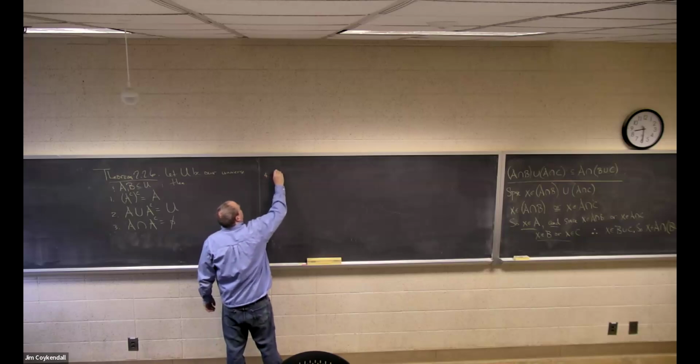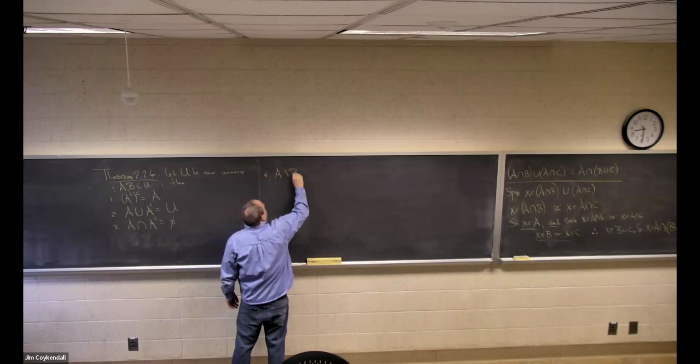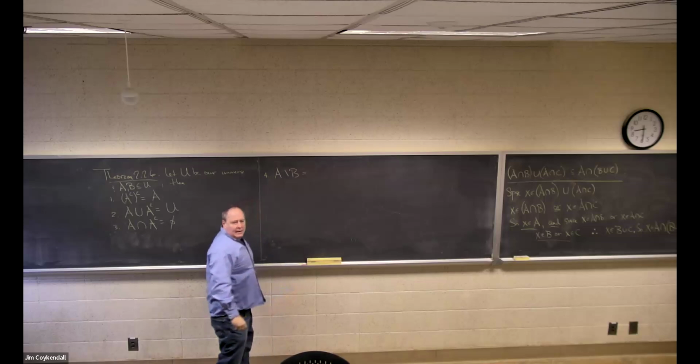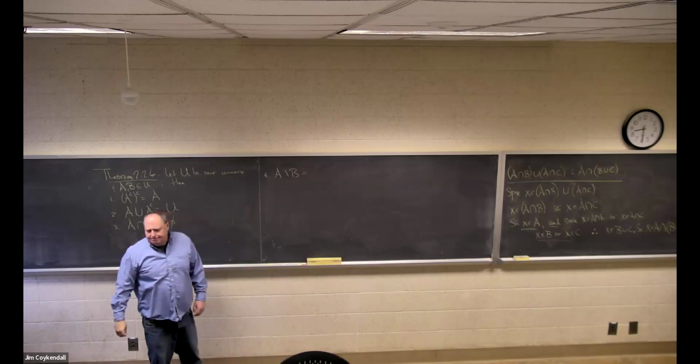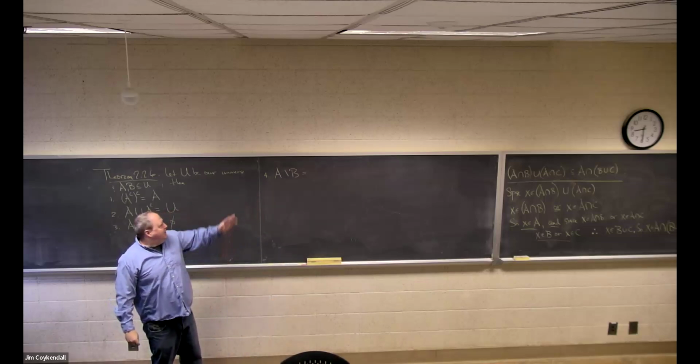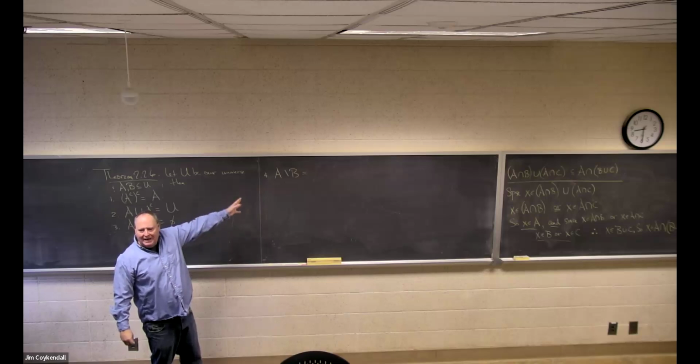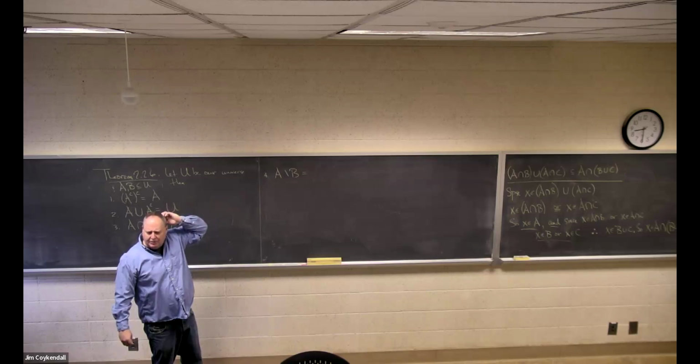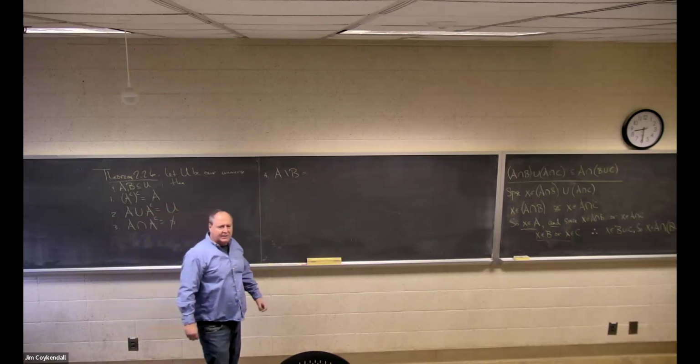Four. This is sometimes quite useful. This is set minus. This is everything that's in A, but not in B. Can you put that in terms of complements and maybe intersections?